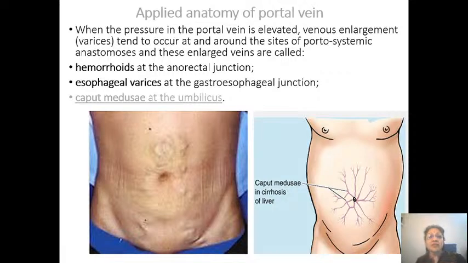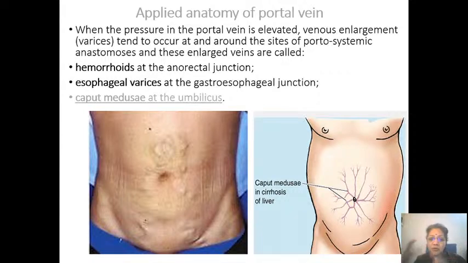Now we've done histology of the liver, so I want you to recollect what we talked about, those hexagonal hepatic lobules, and how the portal triads are there at the corners, and how blood is emptying into the sinusoids and draining towards the central vein, which goes into the hepatic venous drainage system.